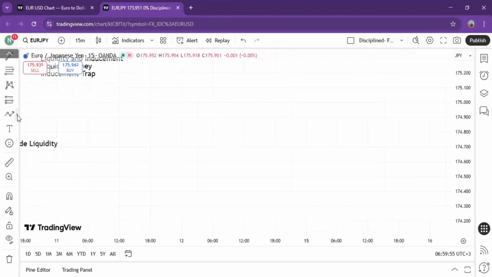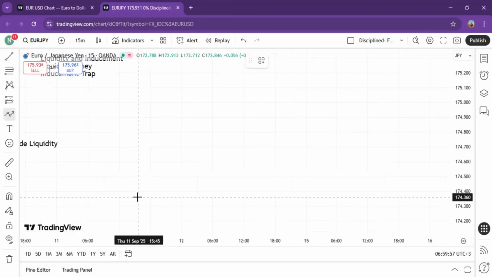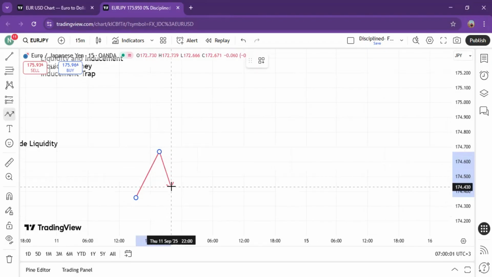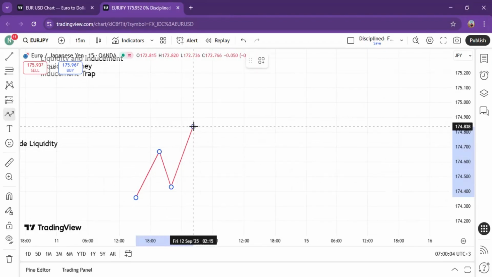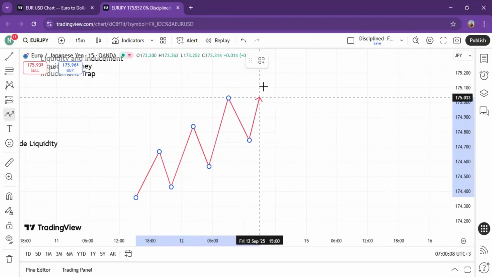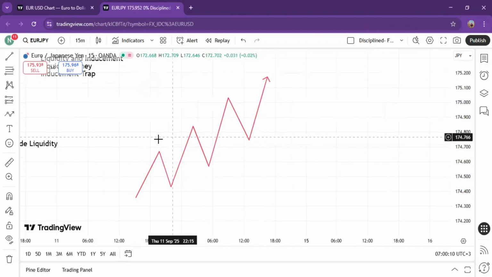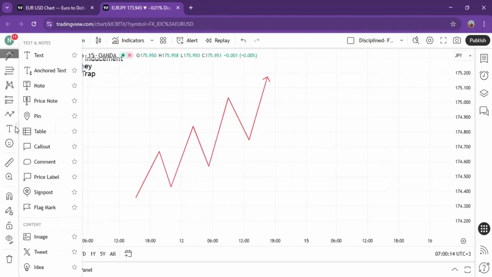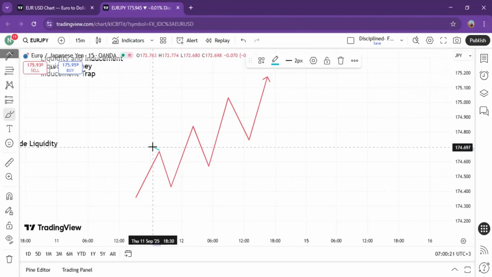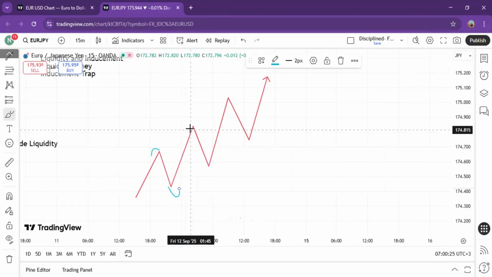So when you have external and internal liquidity, for example, on an uptrend, you find that the market usually moves from higher highs, higher lows, higher highs, higher lows. So the type of liquidity that we have here is the external type of liquidity, whereby at the swing highs and at the swing lows, you have external liquidity.